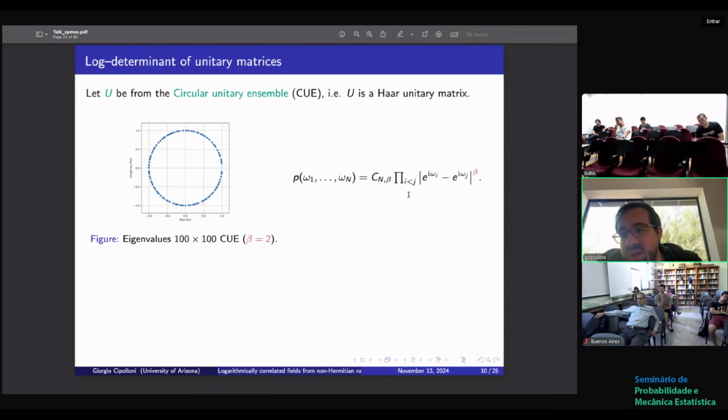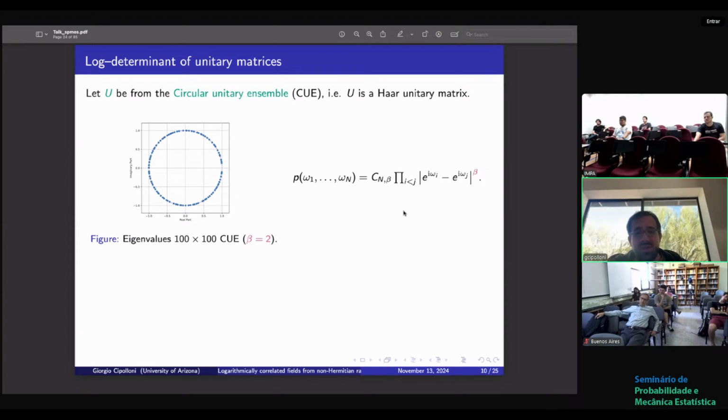But in general, one can consider more general ensembles with different betas, and this will be relevant in the next slide. For example, the beta equal 1 case corresponds to orthogonal matrices instead of unitary matrices. Beta is nothing else than a parameter that determines the level repulsion between two nearby eigenvalues on the circle.